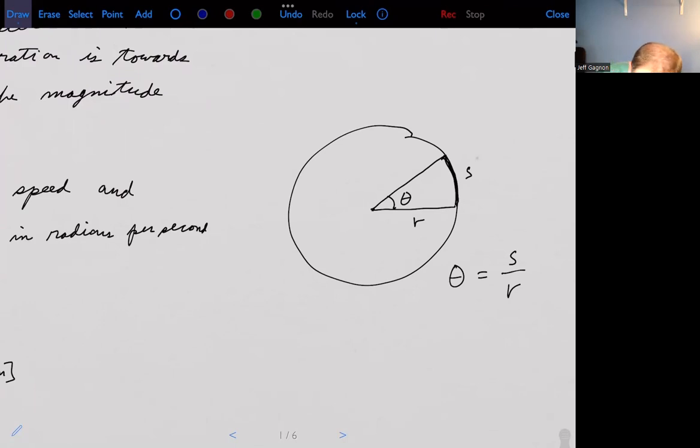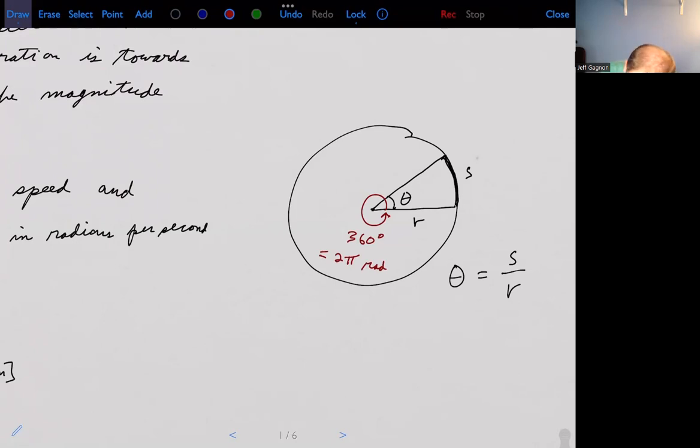Also, you should remember that a full circle, if you go all the way around, right, that's 360 degrees. But in terms of radians, that's equal to 2 pi radians. So a full circle all the way around, that angle is going to be 2 pi radians.